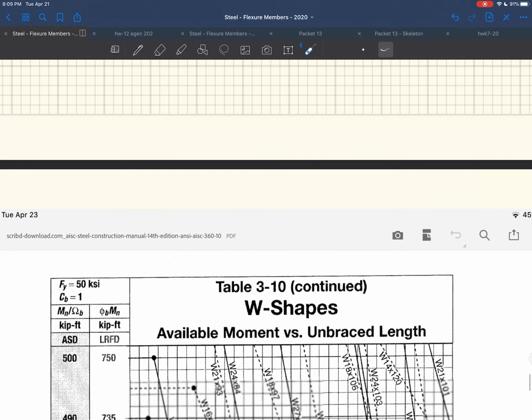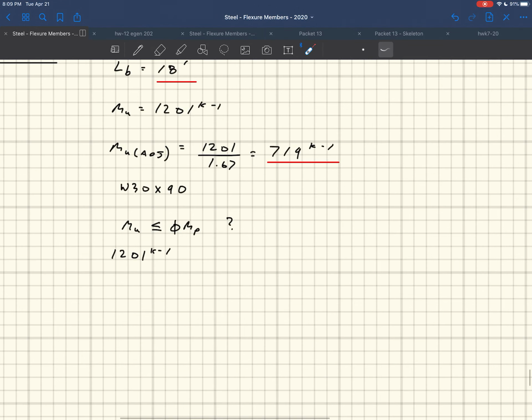And so we have a problem. This says that 1201 is greater than 1060 kip feet.